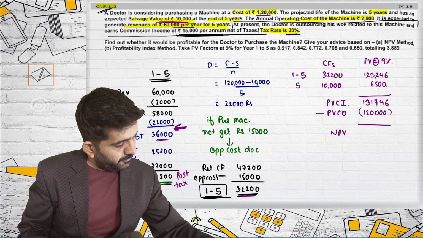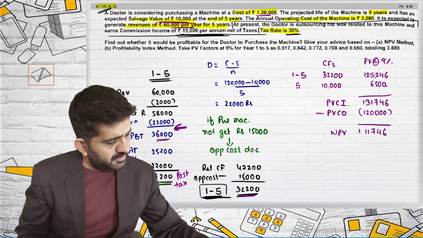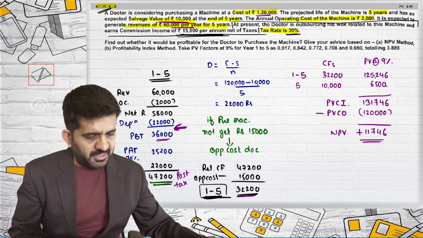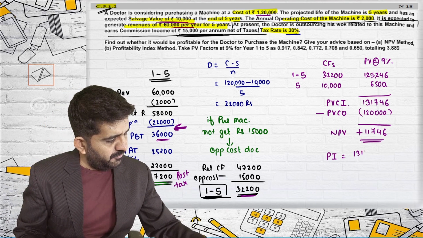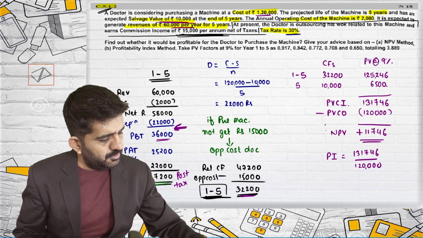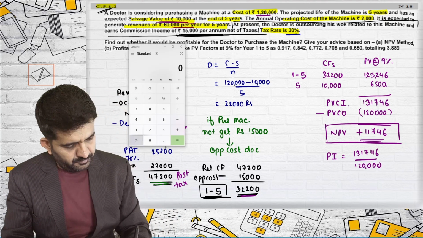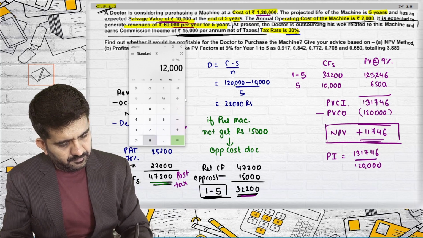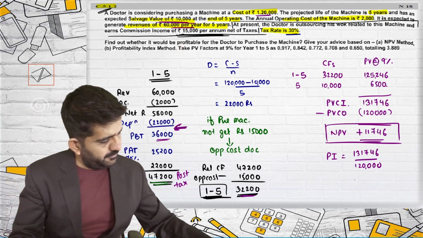NPV is 11,746. Positive. Advise the doctor. First, let me also find out PI. PI is 131,746 divided by 1,20,000, which is 1.098.